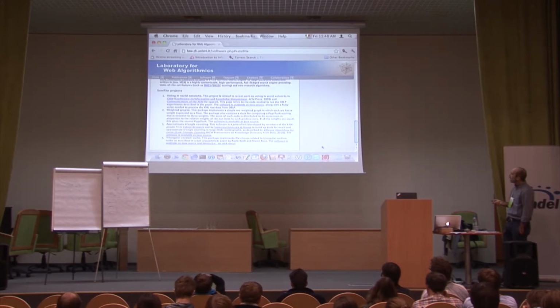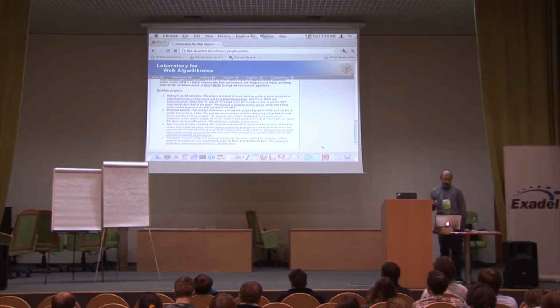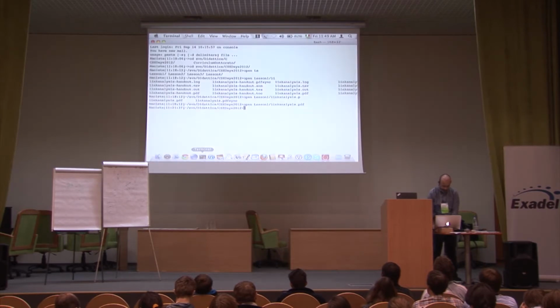There are classes for approximate triangle counting, which is going to be a topic that I'm touching, I don't remember, today or tomorrow. And there are some classes about voting elections in social networks related to a paper we wrote some time ago. Anyway, you are welcome to look at our website and see if there is something interesting for you.